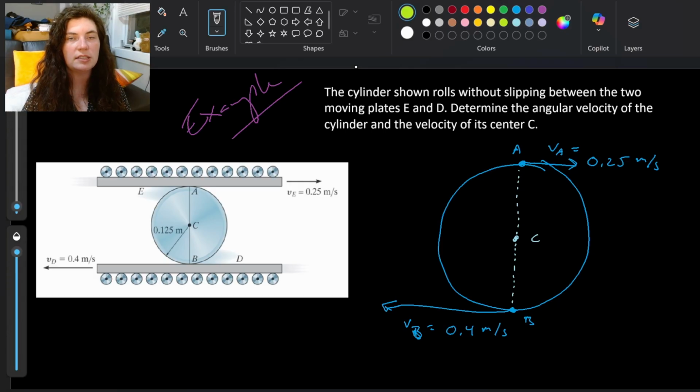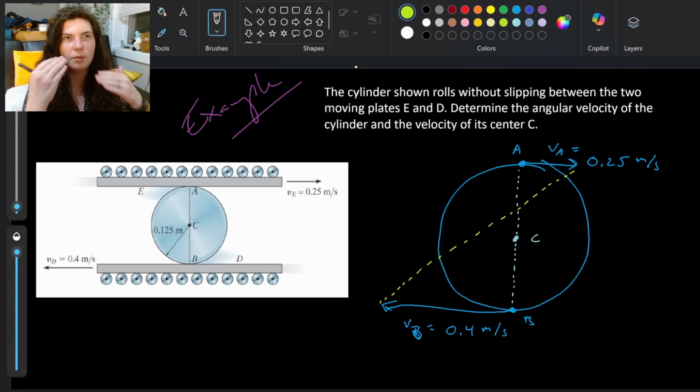So for our instantaneous center of zero velocity for a disk like this, when you've got those two velocities, you're relating the magnitudes to figure out where that IC is. Here I've drawn them almost proportionally, where the velocity arrow up top is a lot shorter than the one at the bottom.